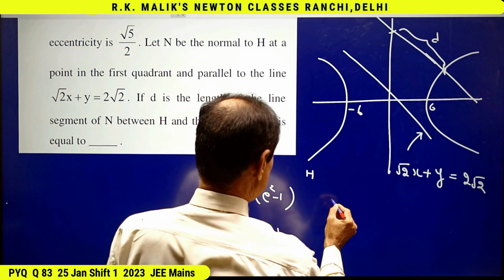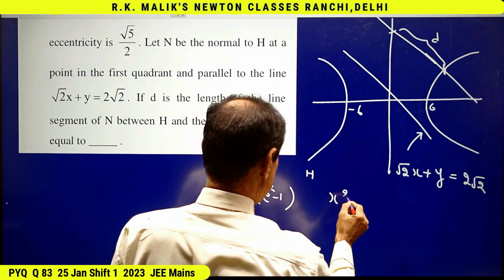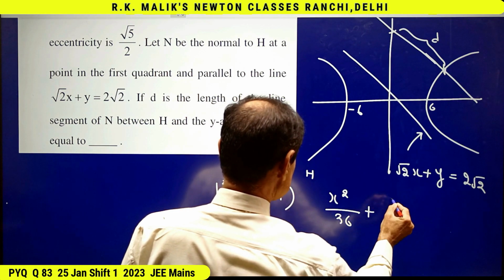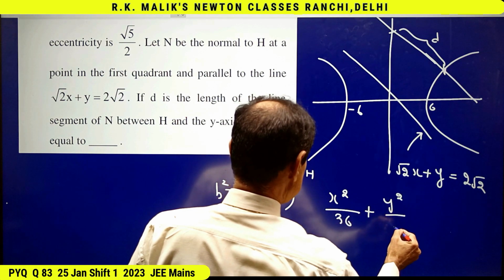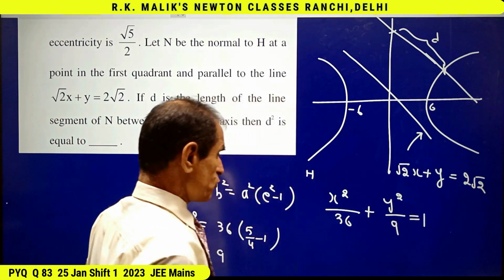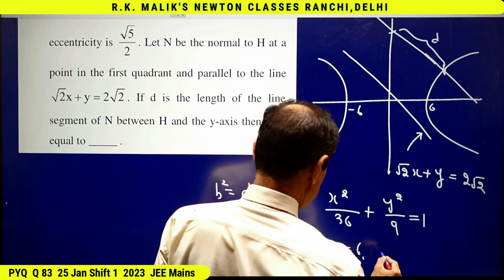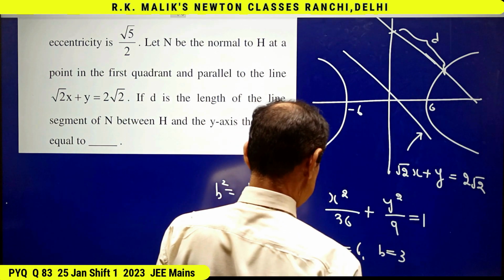Hence the equation of hyperbola becomes x square upon 36 minus y square upon 9 equal to 1.